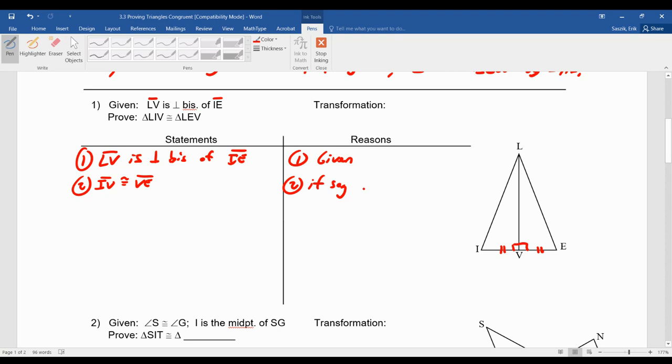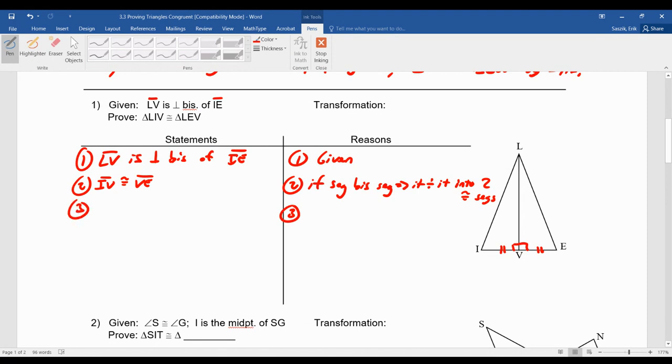If segment bisects segment, then it divides it into two congruent segments.